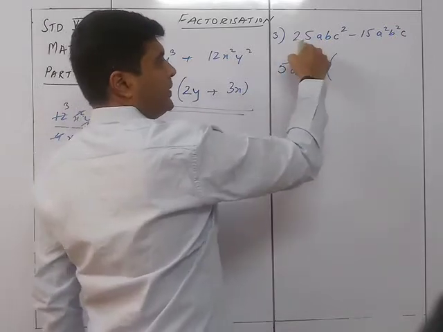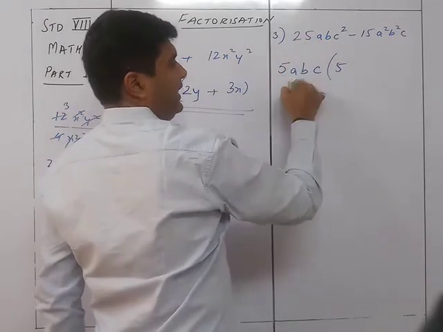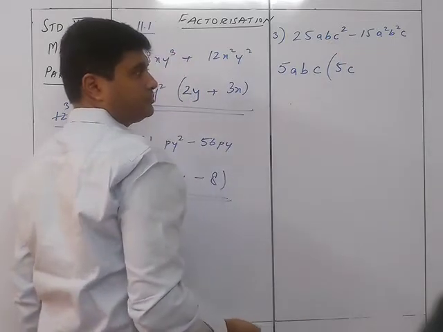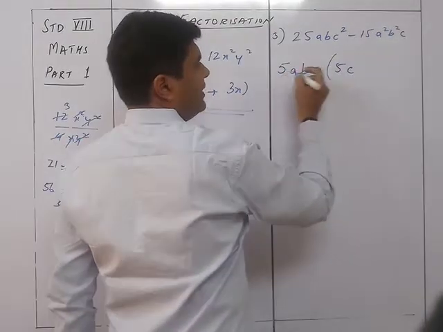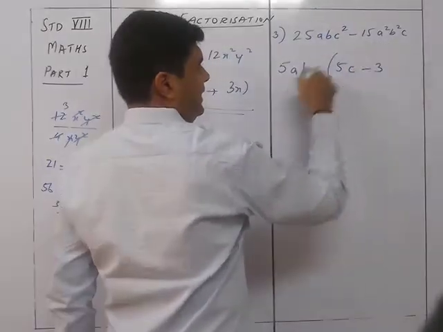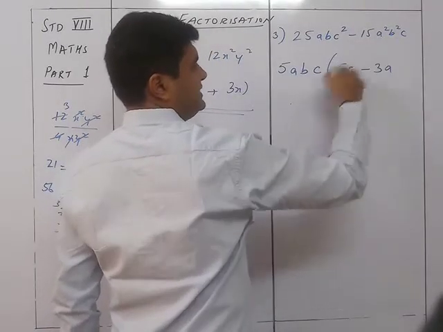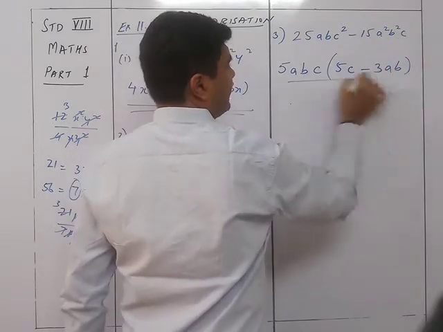What will remain here? 25 divided by 5 is 5. a cancels, b cancels, c cancels, so c will remain. 15 divided by 5 is 3. a cancels, so a square बचा, इधर a बचा, इधर b बचा, c cancels. So that's the answer.